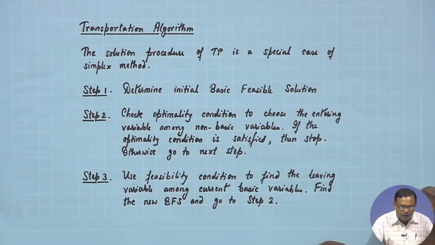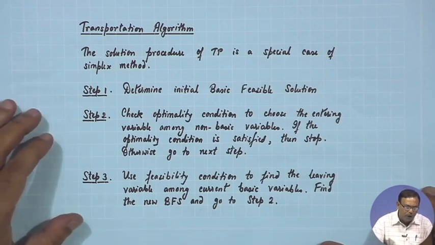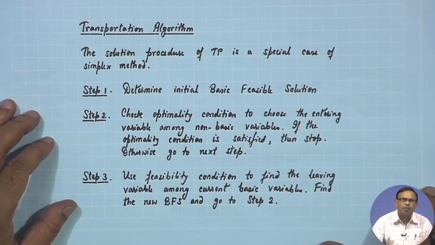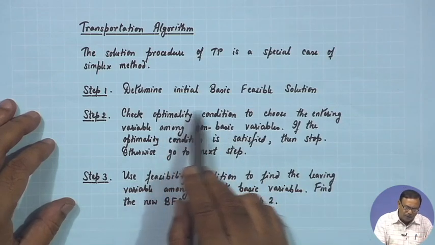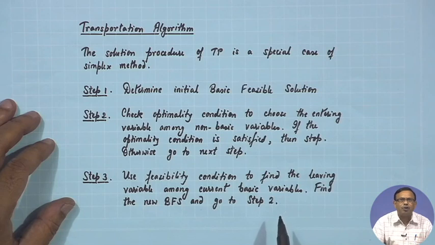The solution procedure of a transportation problem is a special case of the simplex method, as we have mentioned earlier. What you have to do? You have to determine the initial basic feasible solution, which we have done not by the normal simplex way, but using VAM or other methods which we have discussed earlier.